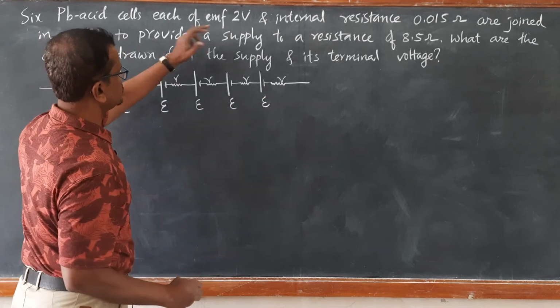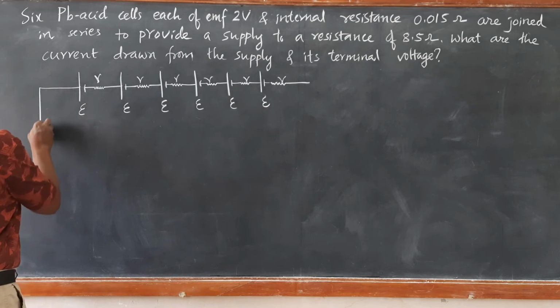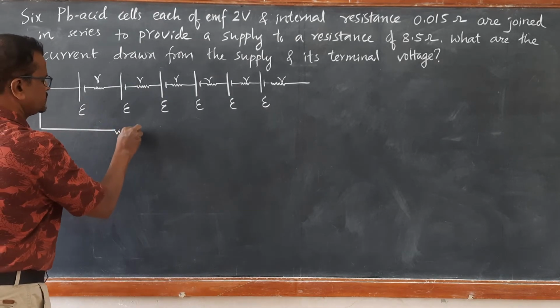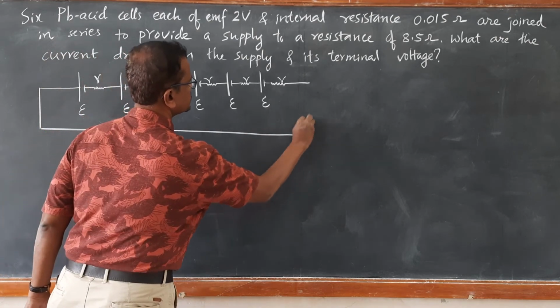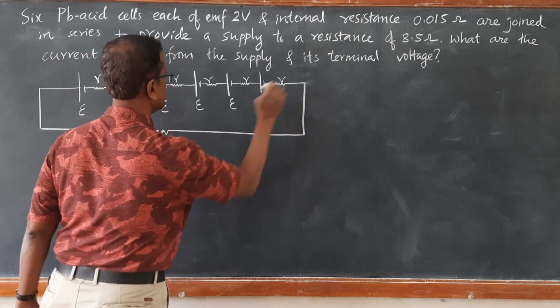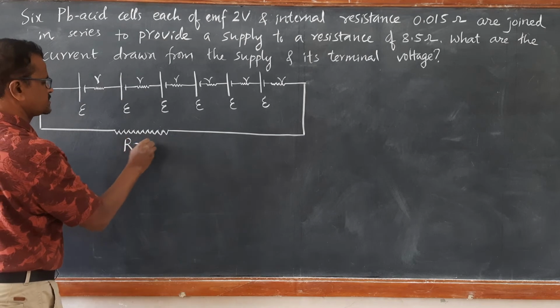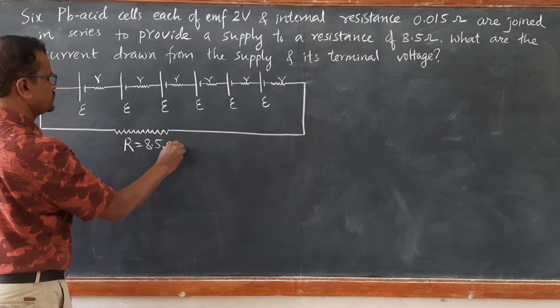E is equal to 2 volts, and this is connected to an external resistance of 8.5 ohm.